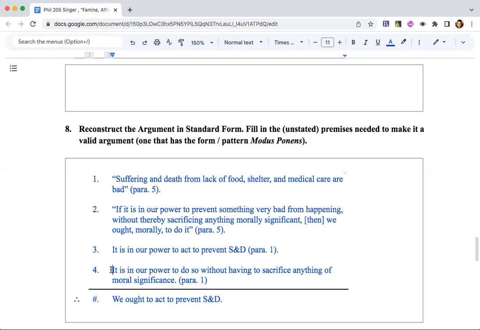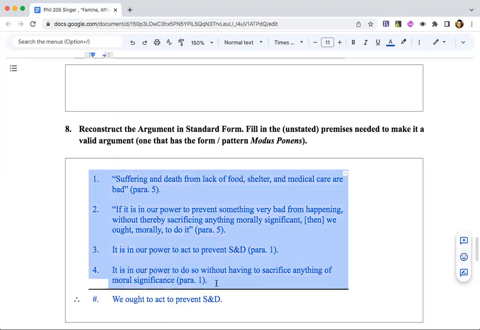We don't focus in the intro paragraph on the individual, but we easily could. So let's just treat these as initially highlighted in paragraph 1, but kind of implicit too, especially if we're talking about individuals and what's in our power, like sending money to aid agencies.